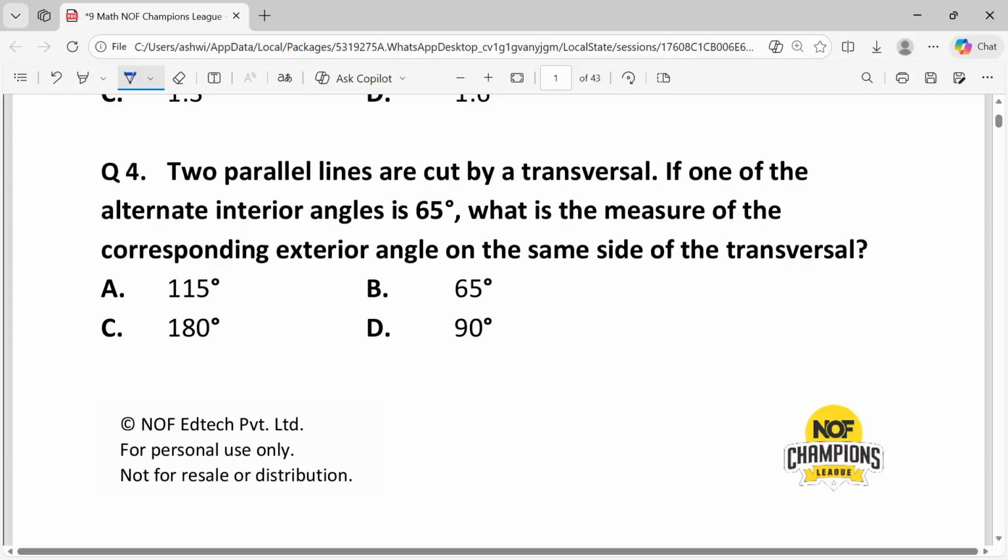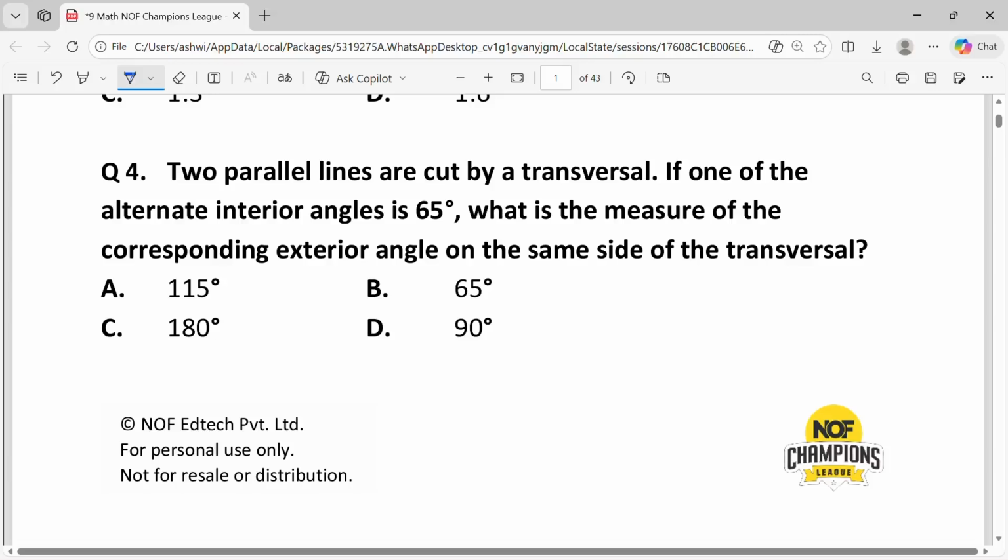The given alternate interior angle is 65. Corresponding angles are equal. Interior angles on the same side of the transversal are supplementary. Exterior angles on the same side of the transversal are supplementary. Vertically opposite angles are equal. Alternate interior angles are equal.